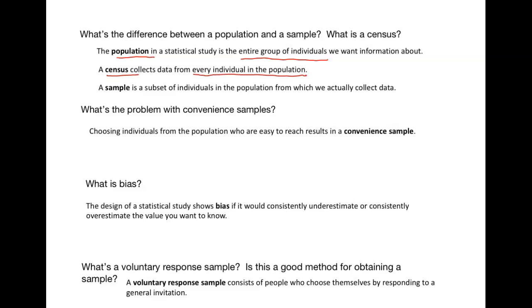So what's the problem with convenient samples? A convenient sample is just a sample of individuals who are easy to reach, and they're often not representative of the population.